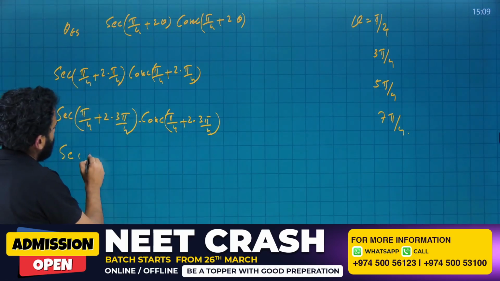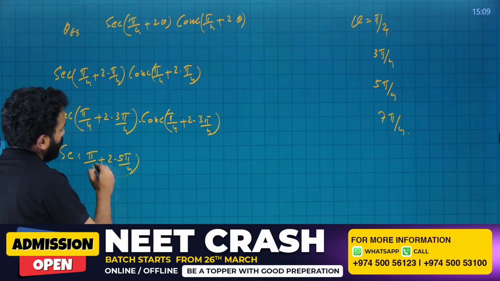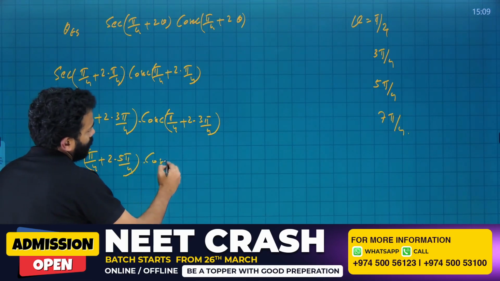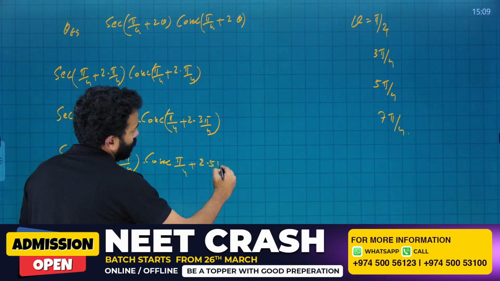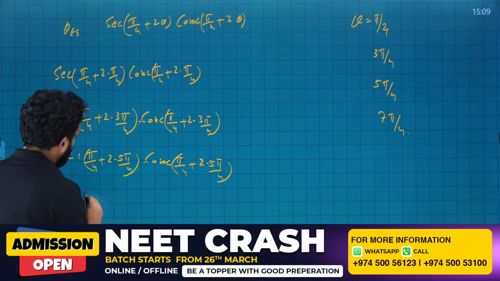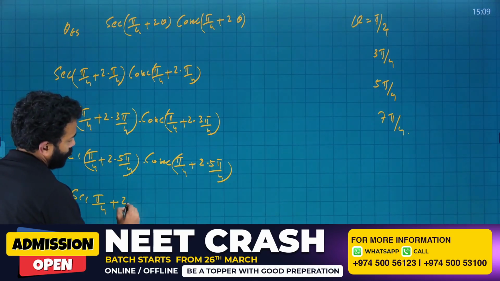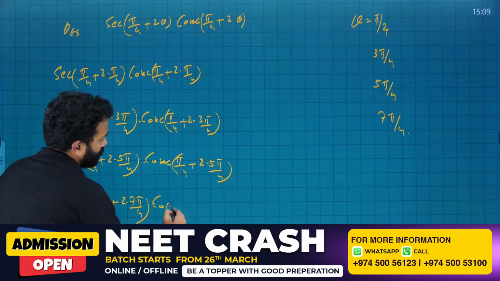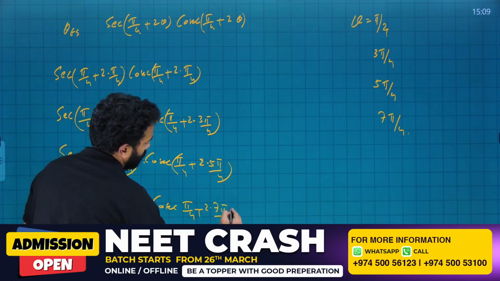Next, sec(pi by 4 plus 2 into 5 pi by 4) into cosec(pi by 4 plus 2 into 5 pi by 4). And next, sec(pi by 4 plus 2 into 7 pi by 4) into cosec(pi by 4 plus 2 into 7 pi by 4).